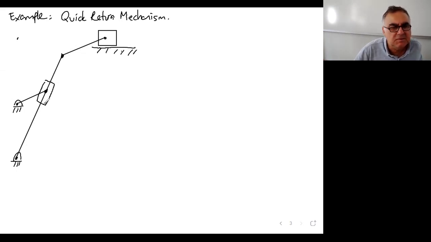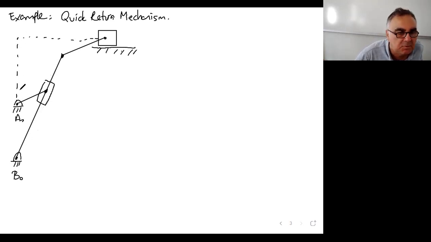Well, this thing goes inside the link, inside the slider. Okay, you can understand that. I should be erasing this part, but I cannot. So just understand that. This is B0, this is A0, and this is a continuation of A0.